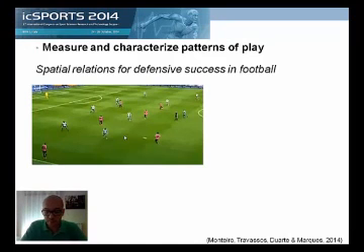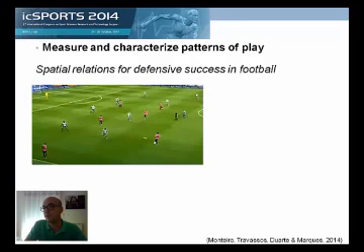Using this data, we measured the distance between ball carrier and the closer defenders, the first and the second defender, the distance between the defenders, the distance between the attacker that receives the ball and the closest defender, this one. Also, to understand the position of defenders in relation to the passing trajectory, we measure the angle between the ball carrier, one of the defenders, and the ball receiver.